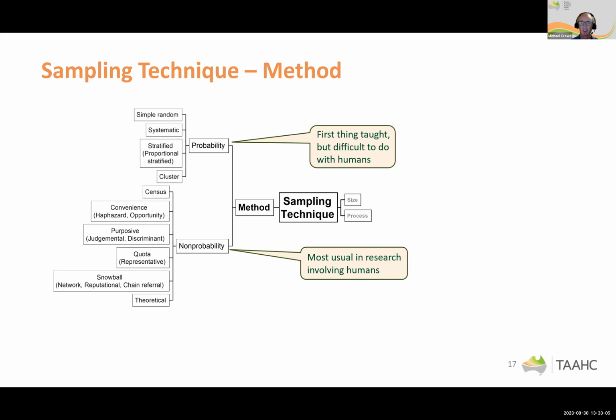Something like HIV, where people don't go around stating that they are HIV positive, then snowballing can be used because you can access that hidden group a lot easier. And theoretical sampling is used within qualitative research. So there's lots of different non-probability types of sampling.